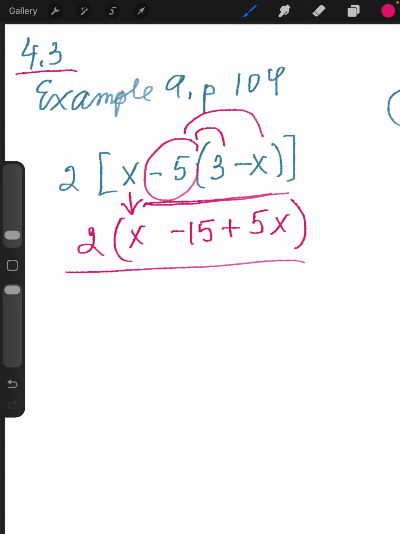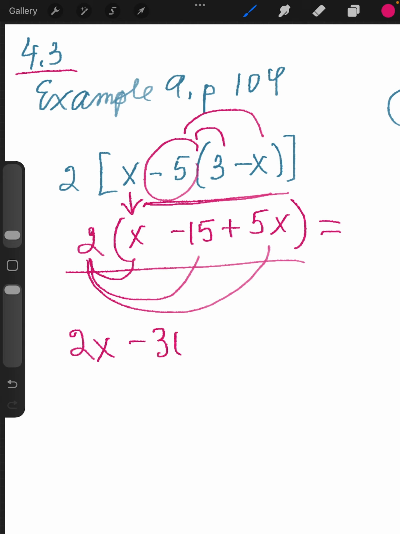So we're going to be multiplying 2 by the x, by what next? Right, and then by, okay. So let's do it. We've got 2x, then what? Did you say minus 30? Right? 2 times negative 15. Good.